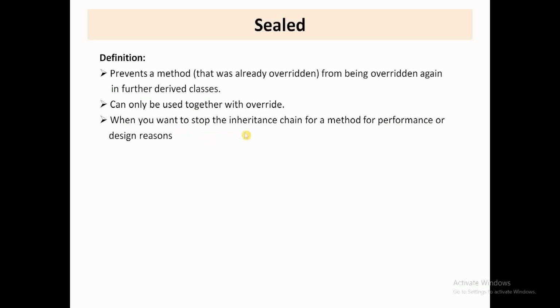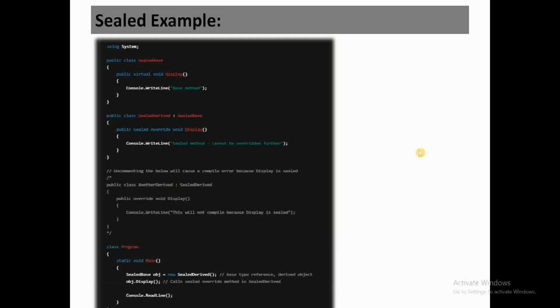We use it when we want to stop the inheritance chain for a method for performance or design reasons. As I already told you, if we want to stop the inheritance further into new derived classes, we can do it with the sealed keyword. Here we have the example of sealed. We are using the virtual example here.